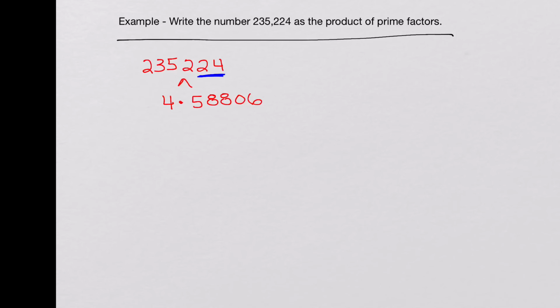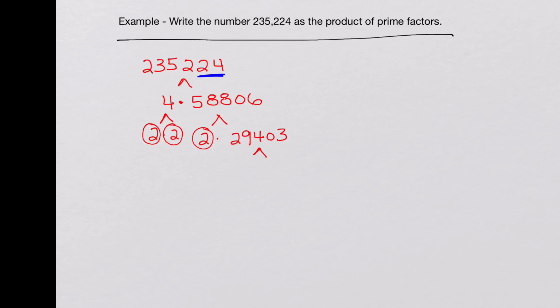Now, I see that I still have an even number, so I can factor this further. I can make this into 2 times 29,403. Okay. Now, I don't have any more evens, and the 4 can factor into 2 times 2. Every time I get a prime, I like to circle it, because that's what they taught me when I was in school. So I just go along with it.